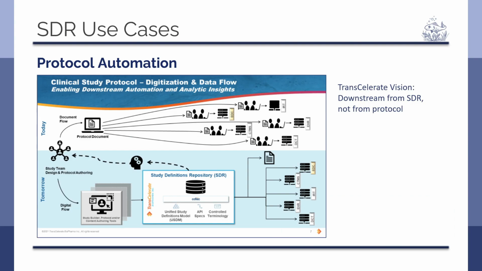So how does it look? I mean, today we are still in a process flow where we have our protocol document, and out of this Word or PDF document, we derive what we are going to collect from the EDC system and how we analyze things.